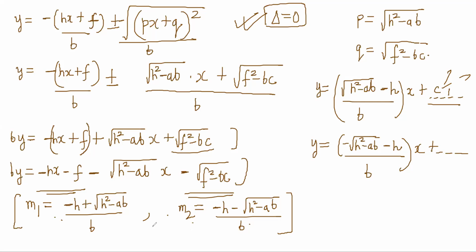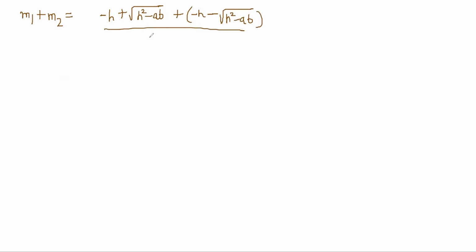So what are we getting? We are getting m1 plus m2 is equal to minus h plus root over h square minus ab plus minus h minus root over h square minus ab, by b, right? So this cancels out, and you get minus 2h by b.